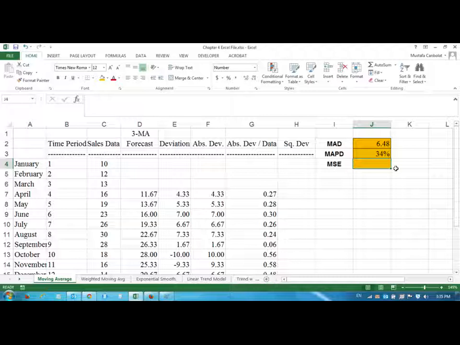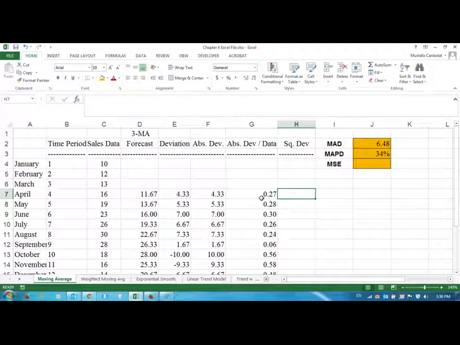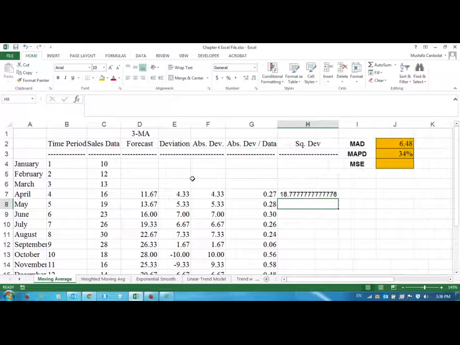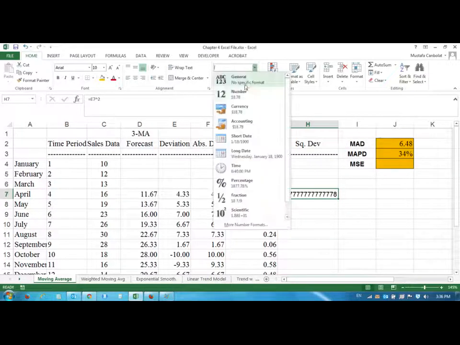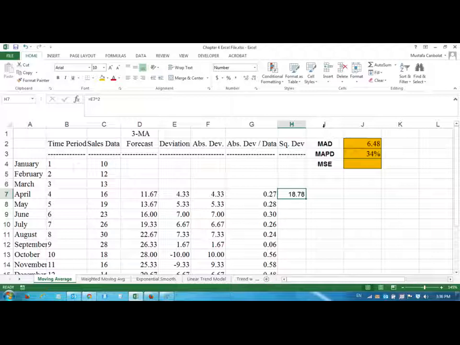MSE, on the other hand, is similar to MAD, but it gets squared to get rid of the negative values. We are going to take the square of the deviation. So we take this one and then get the exponent sign and square it. And maybe just 2 digits accuracy is sufficient. Okay.